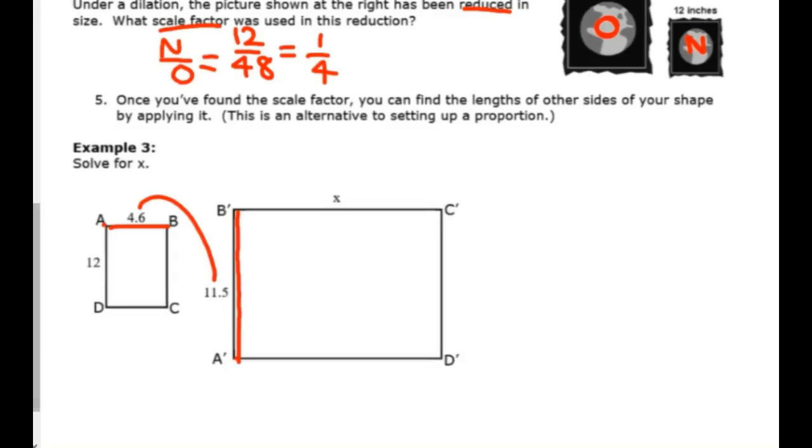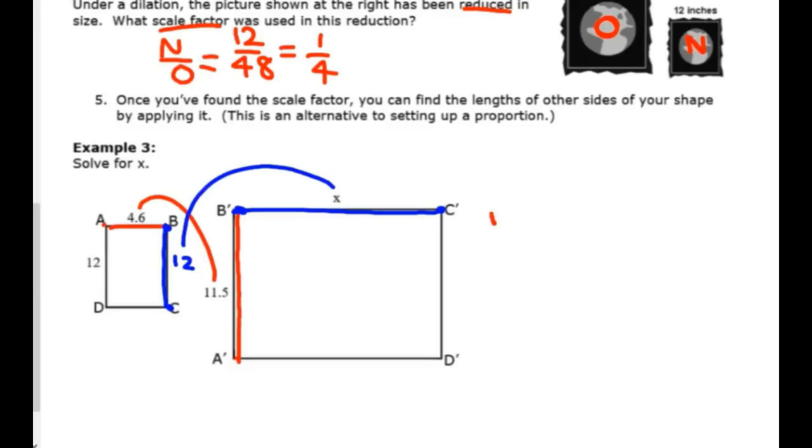And then if AD is 12, BC is also 12, right? So BC and B prime C prime, those are corresponding as well, okay? So again, it's been rotated, but what do we do when we have these similar figures? We set up two fractions, and we cross multiply and divide, okay?